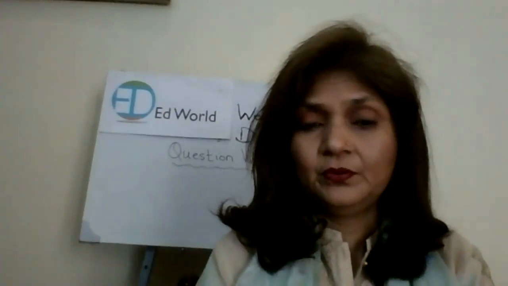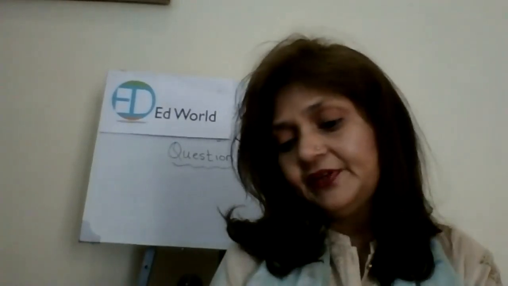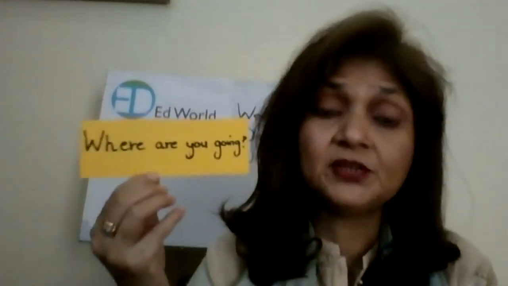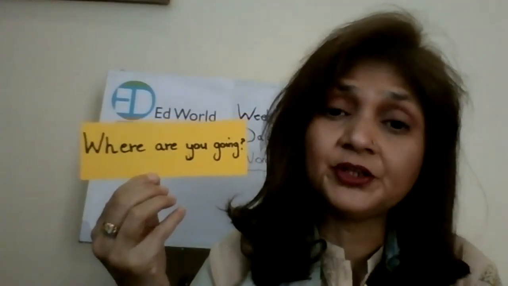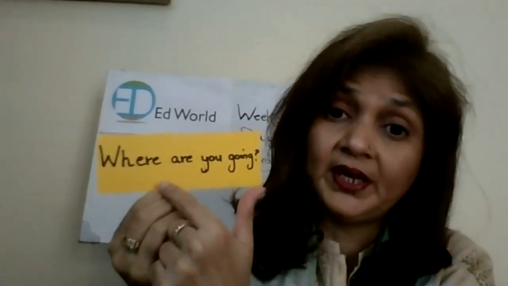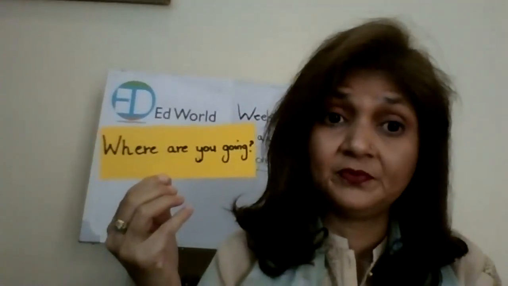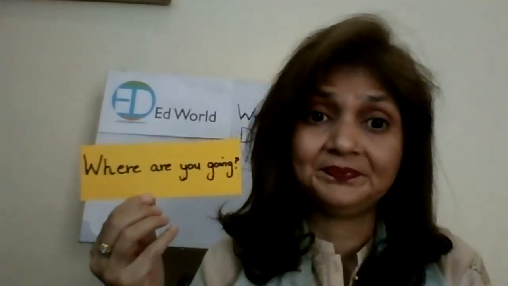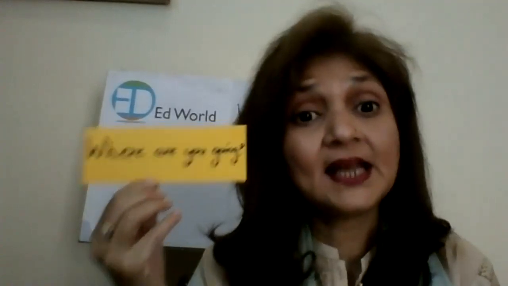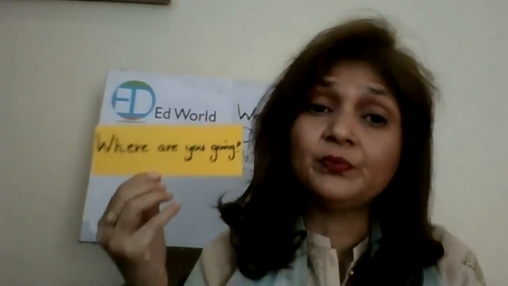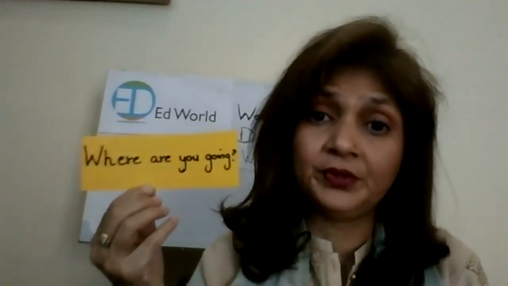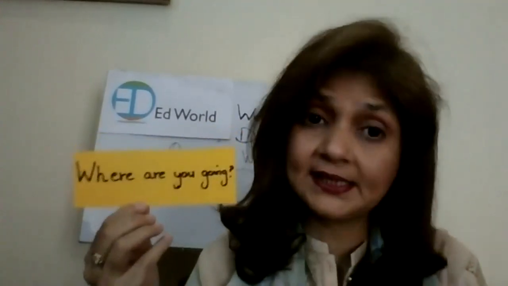Okay. Now, let's see what I have here. Read it with me. Where are you going? What is this? What is this sentence doing? Yes, it's asking you something, where are you going? So it's an asking sentence.